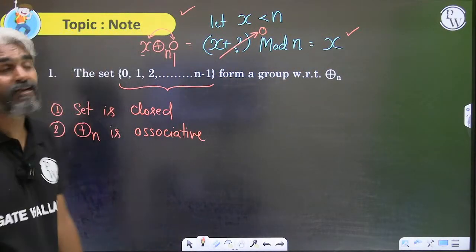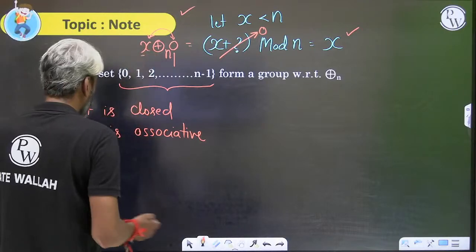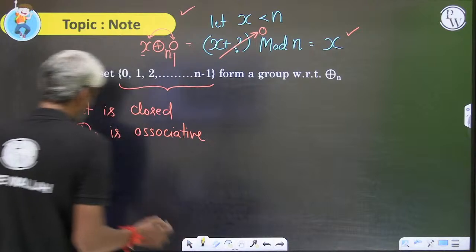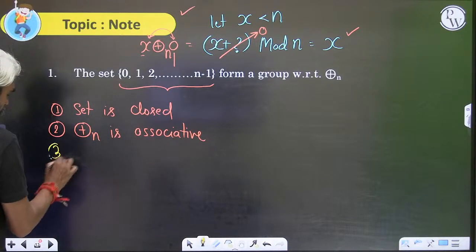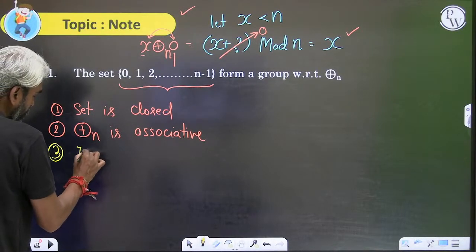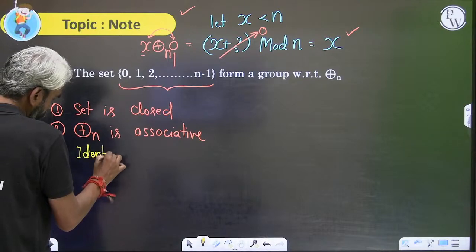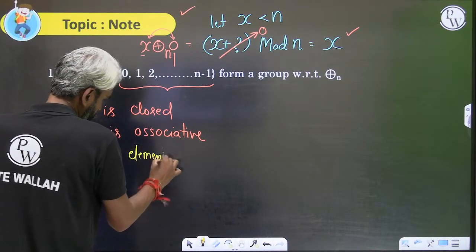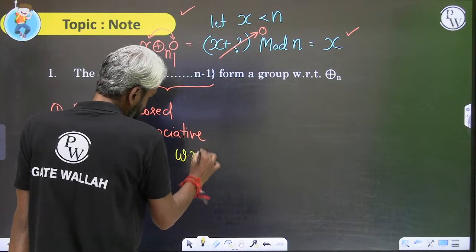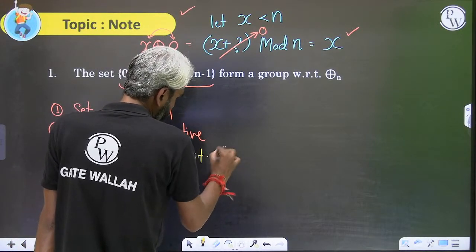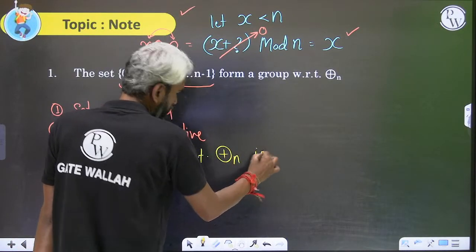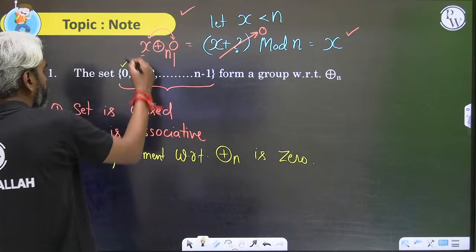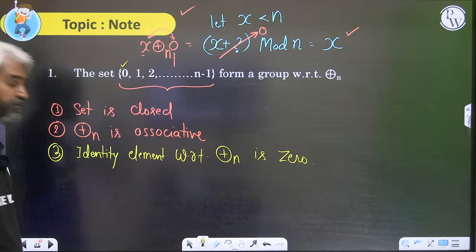Therefore, the identity element with respect to addition modulo n is 0 only. And 0 is present within the set.